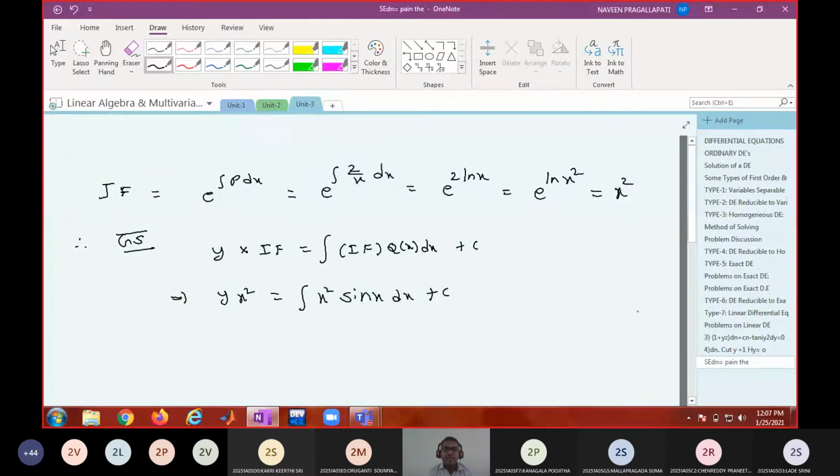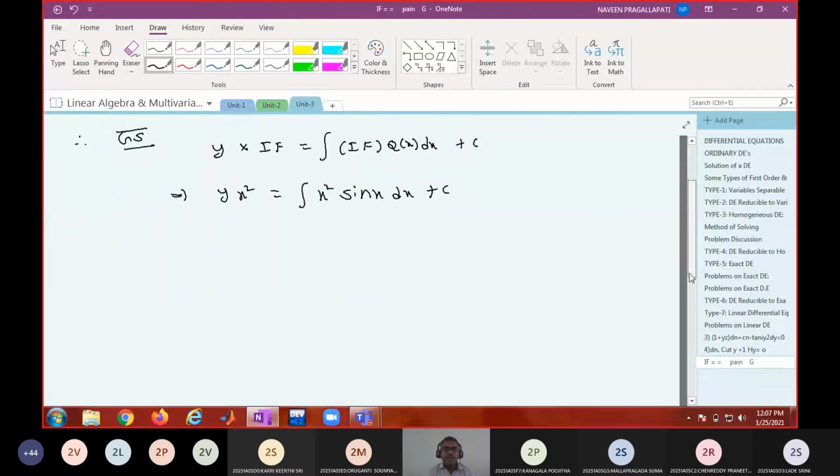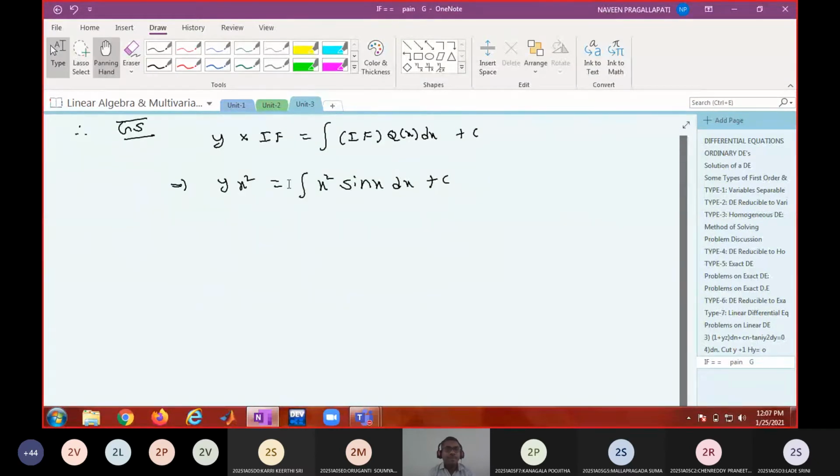Now again you observe one function is in the form of u into v, with u a polynomial, x square. So apply Leibniz rule. All of you listen and observe this integration problem. x square into integration of the second function. What is integral of sin x?